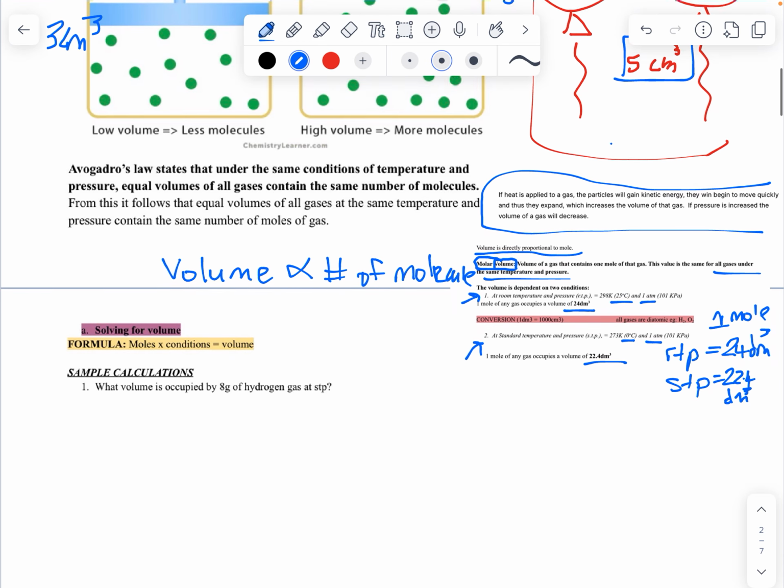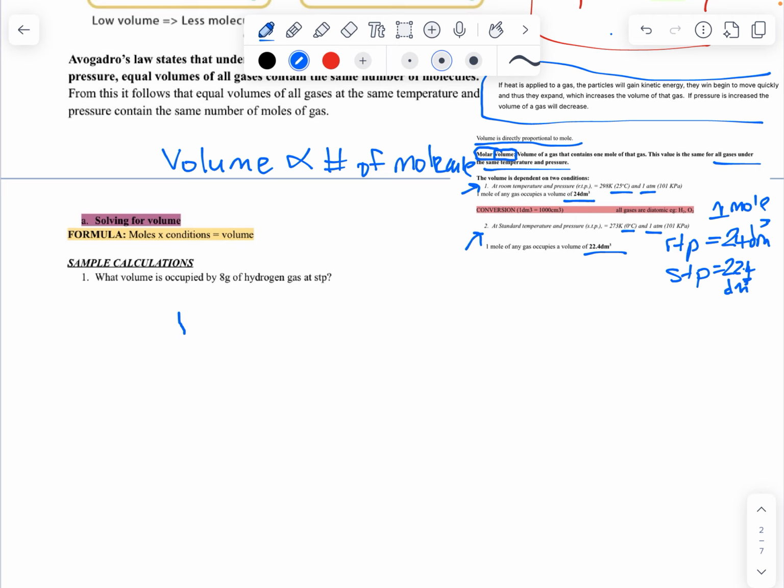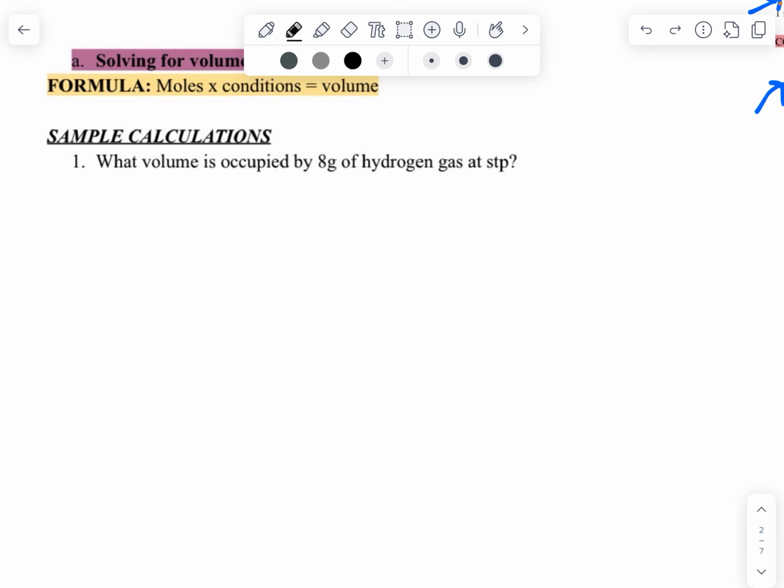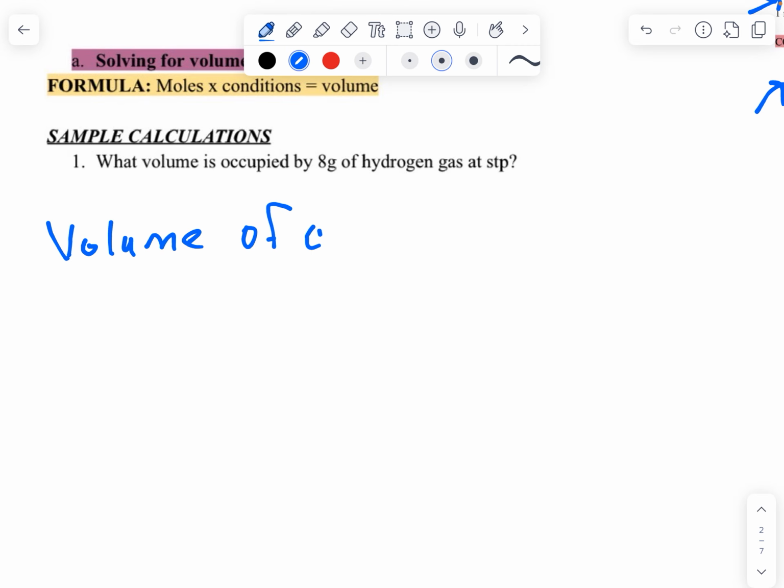Let us go into our first calculation, which deals with solving for the volume of a gas. The equation that we're going to be using is: volume of a gas is equal to moles times conditions.